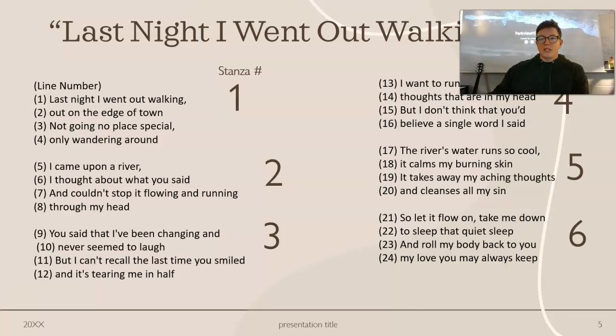The river is symbolic of, as I said, committing himself to a psychiatric hospital, because once he commits to it, he has to do whatever the hospital says, and essentially he's under their authority and their control.